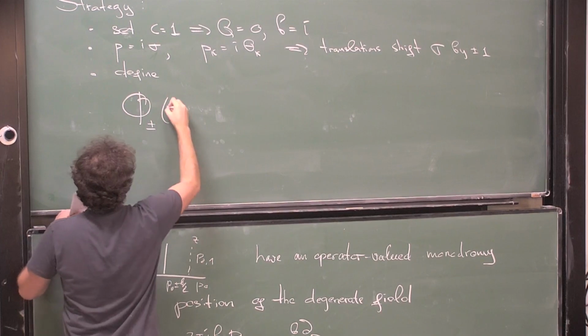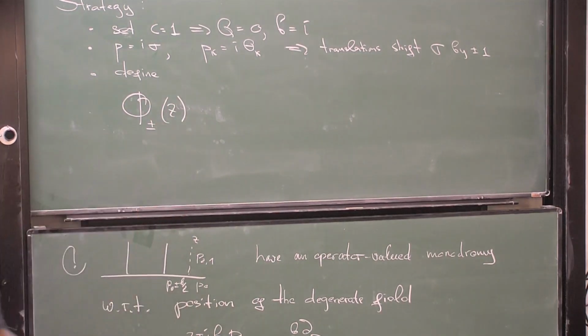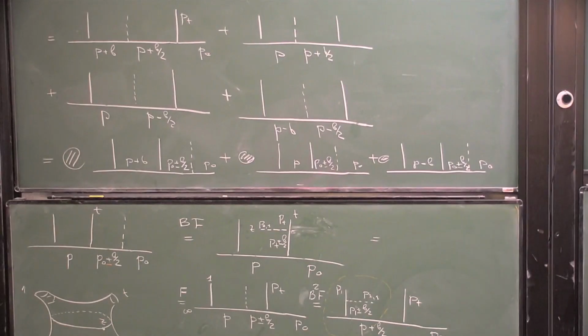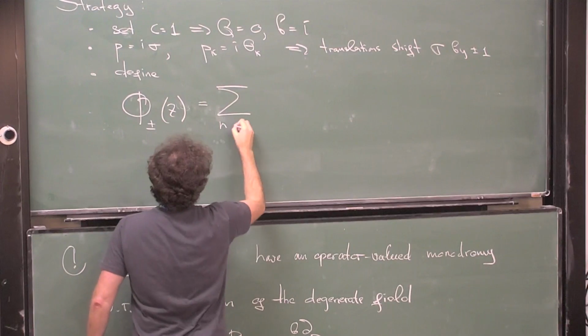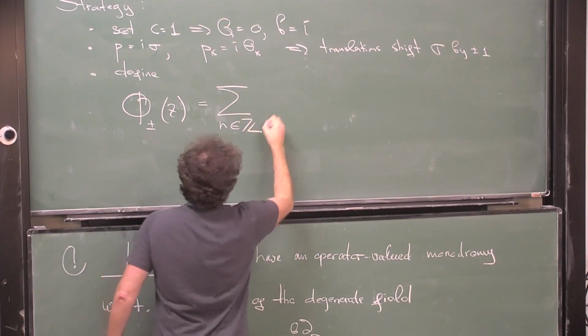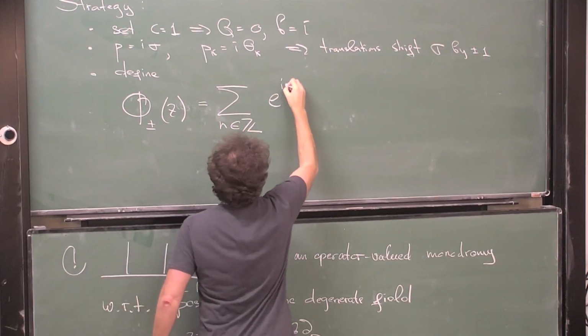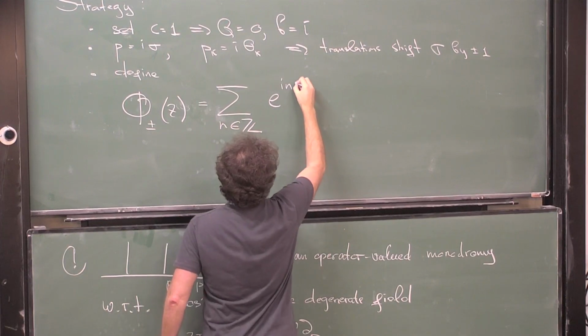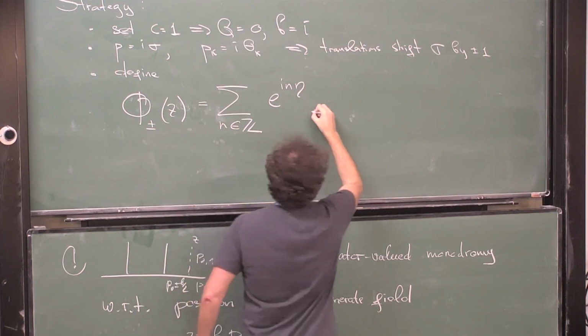We introduce the functions phi plus minus of z, which are given by a sum with respect to n of the exponentials of i n eta.